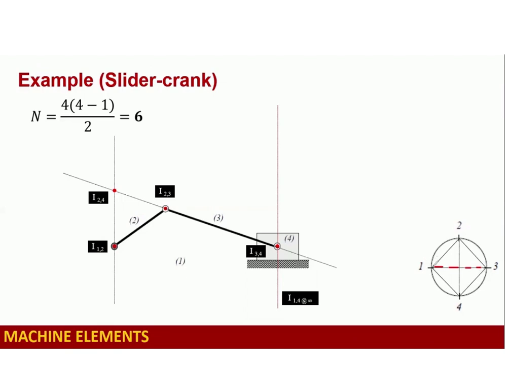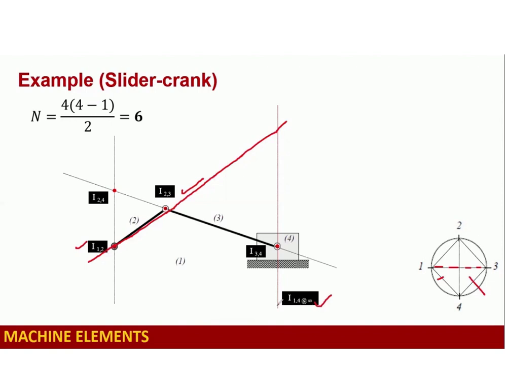So for 1, 2, 2, 3, we have 1, 2 and then 2, 3. So just connect these lines, these points are instantaneous centers. And then we have 1, 4, 3, 4. So as you can see here, this is our 1, 4, and then 3, 4.